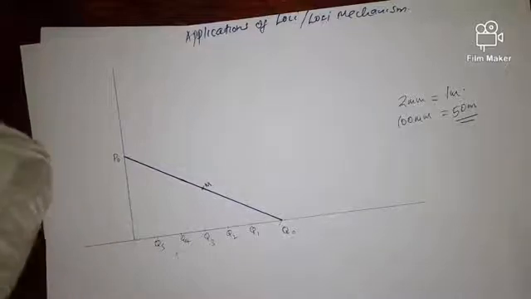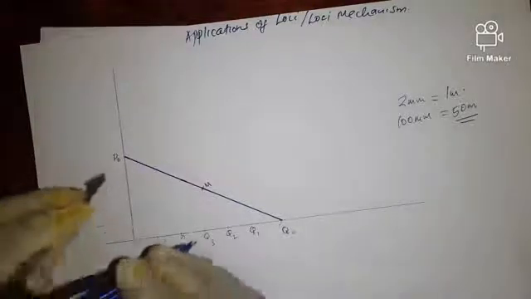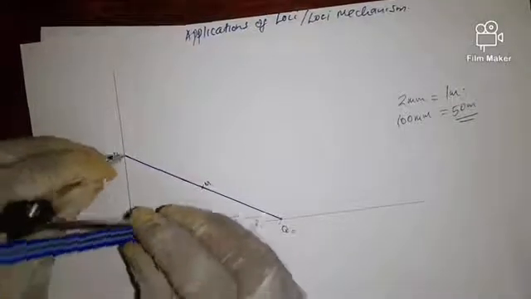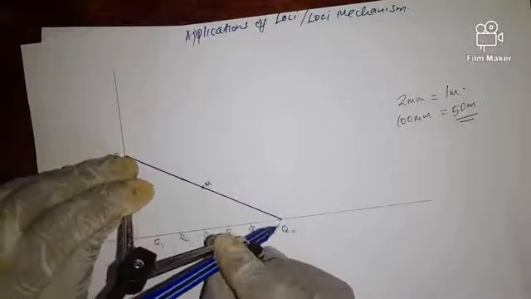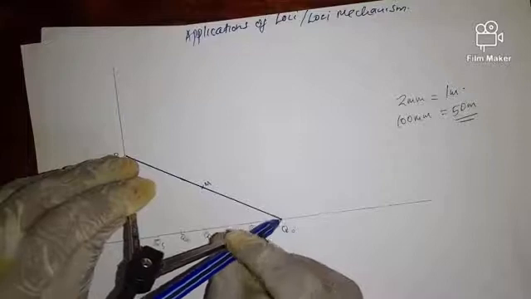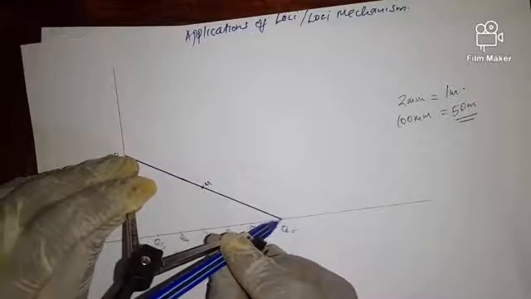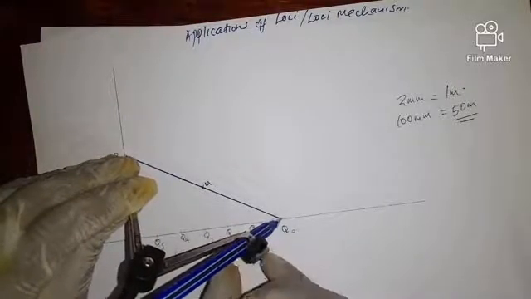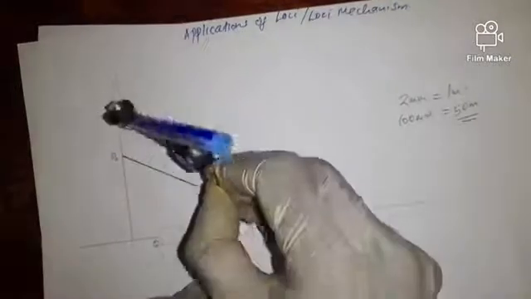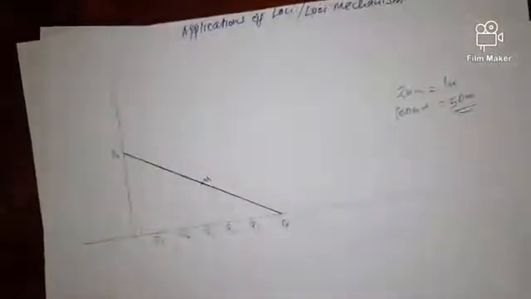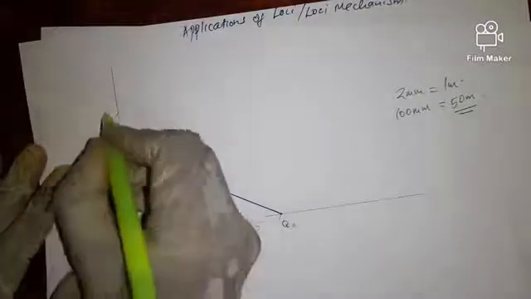So we take the distance of our ladder, just by transferring, and we transfer it from Q1 to get a point where it meets our wall, and we shall call this P1, and we join.